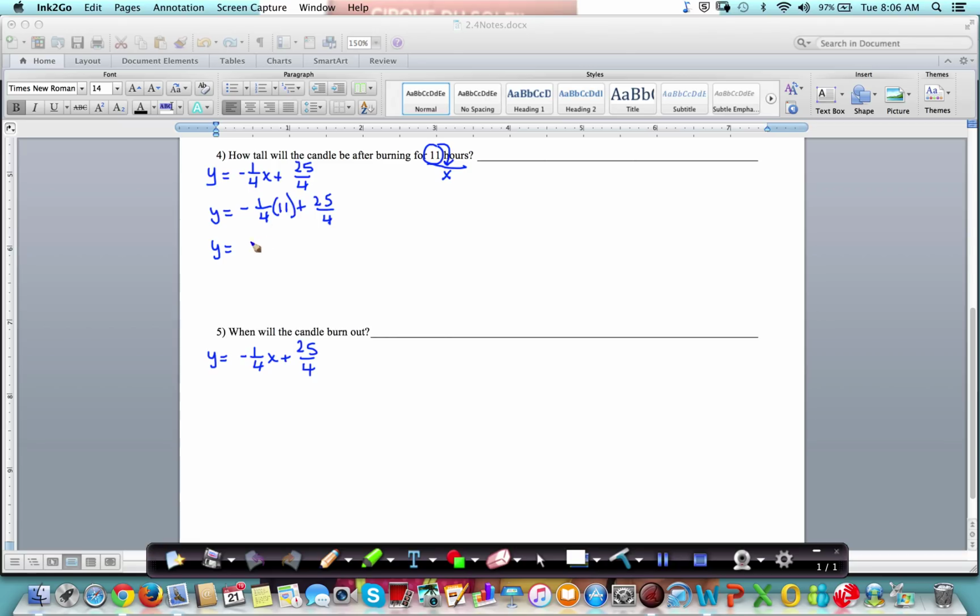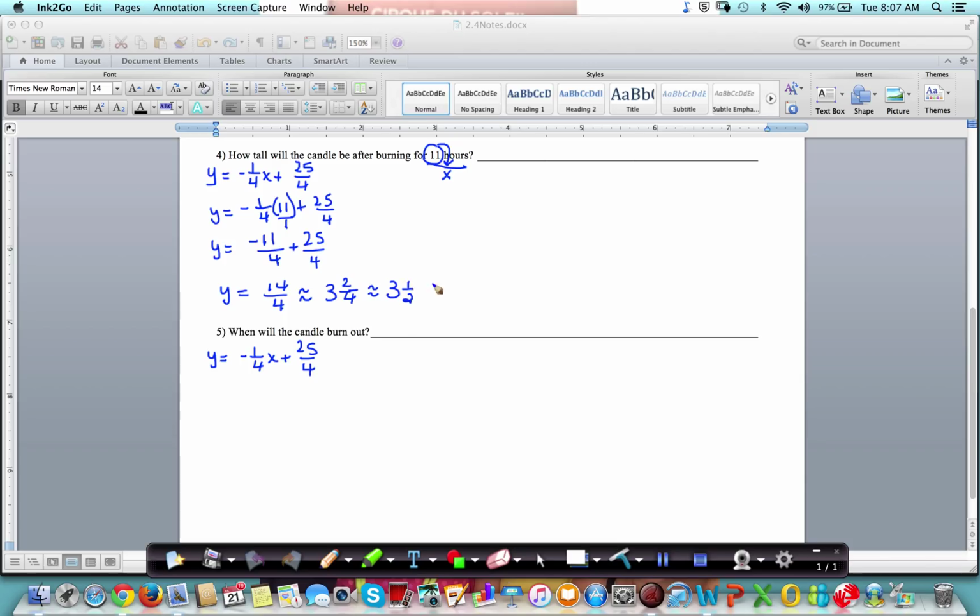Negative 1 times 11 is negative 11 over 4, because remember this is over 1, multiply across the top, multiply across the bottom, plus 25 over 4. So essentially I have 25 minus 11, y equals 14 over 4, which is approximately 3 2/4, which is approximately 3 1/2.